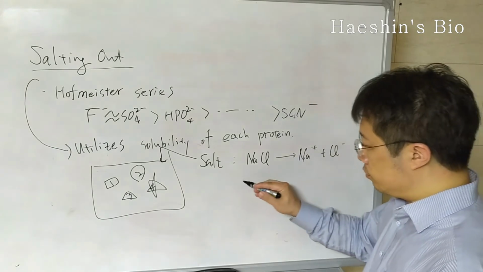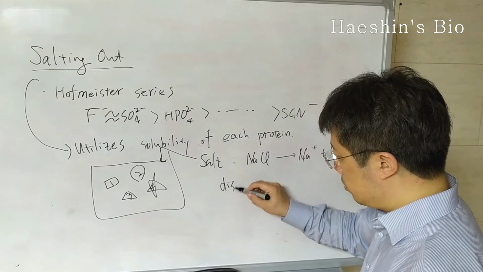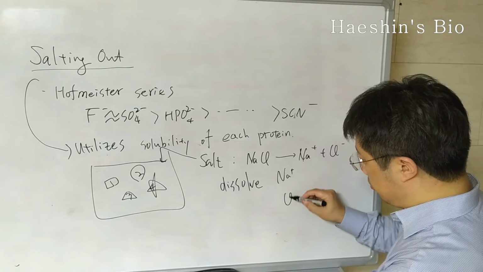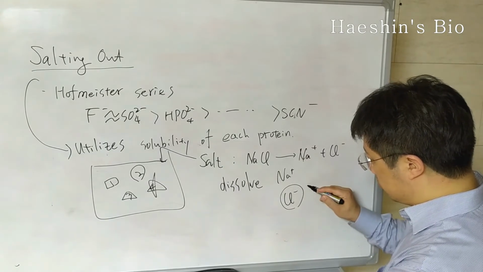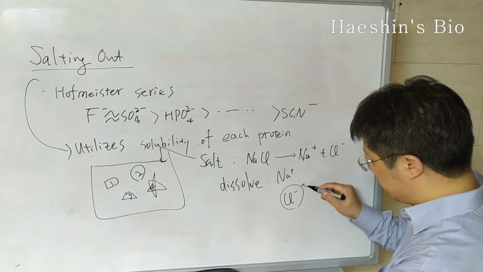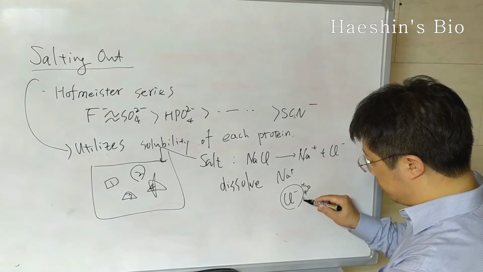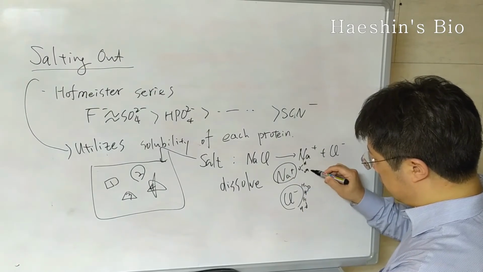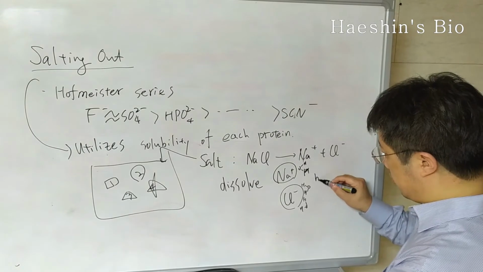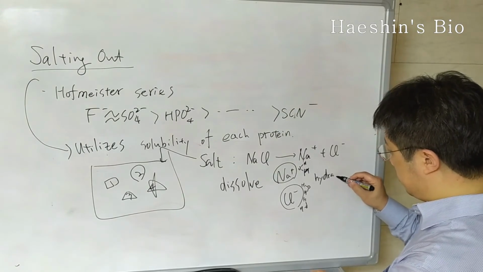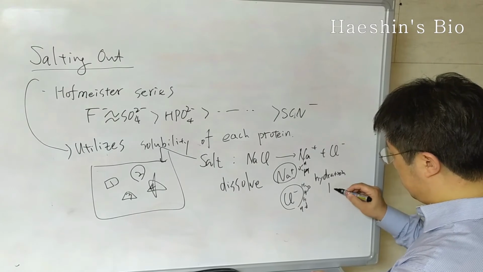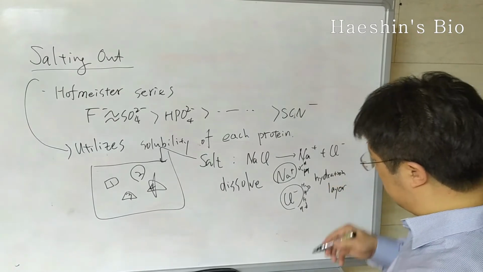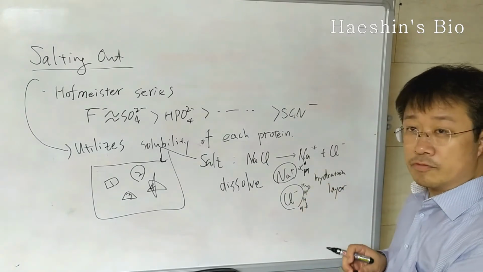But when you dissolve Na and chloride, the water molecules come and form a hydration layer, like this. The spelling may not be correct, but anyway, a hydration layer is formed.